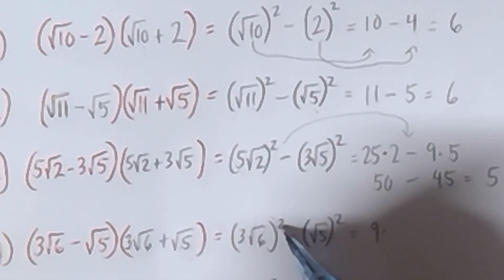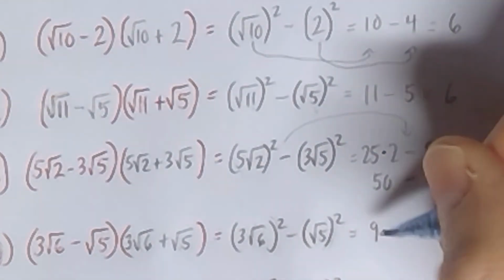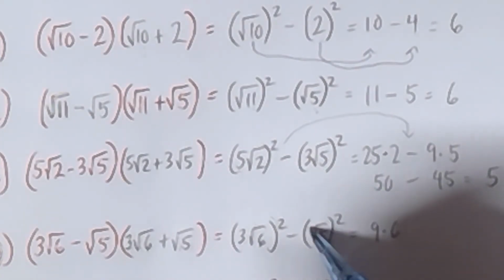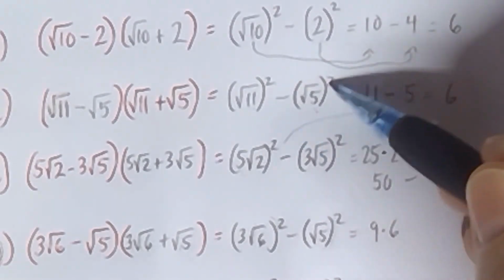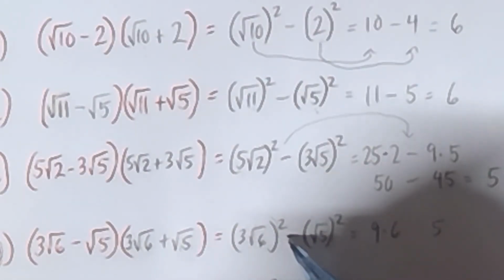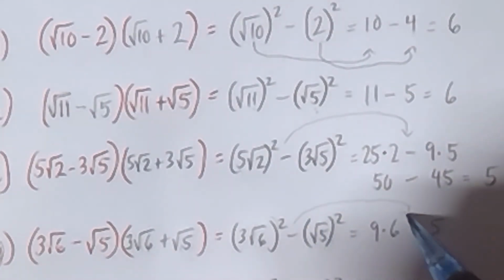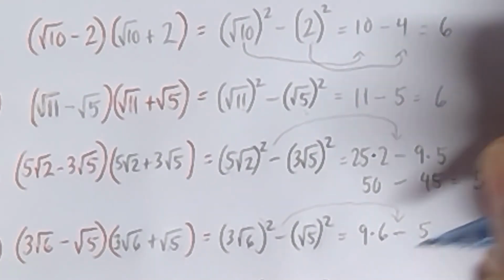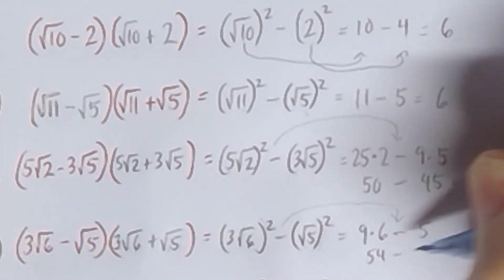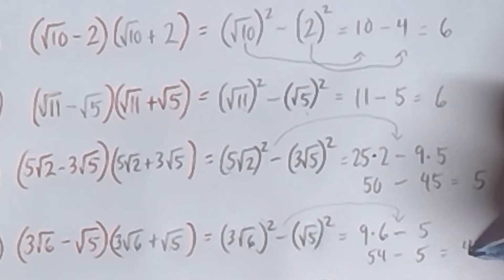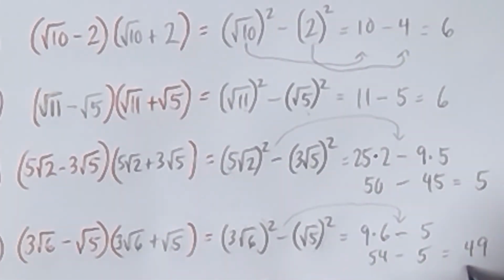We also square the square root like usual, and so that would give me the 6. For this one, there is no outside part, so you just got to square the square root, just like we did up here in the first 2 problems, and so that would just be 5. We still have that minus sign in between all of that. And so we end up with what? We end up with 54 minus 5 is, again, multiplication before subtraction. So the final denominator there will be 49.